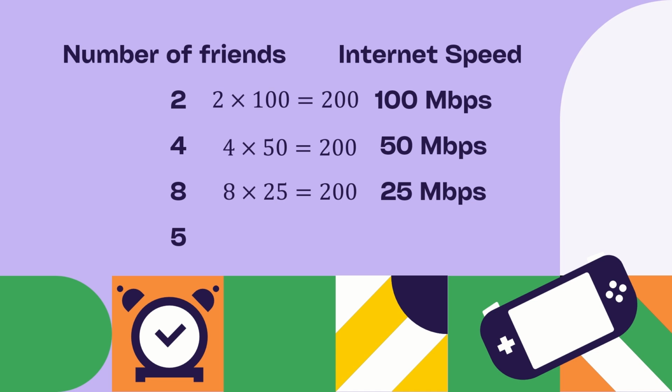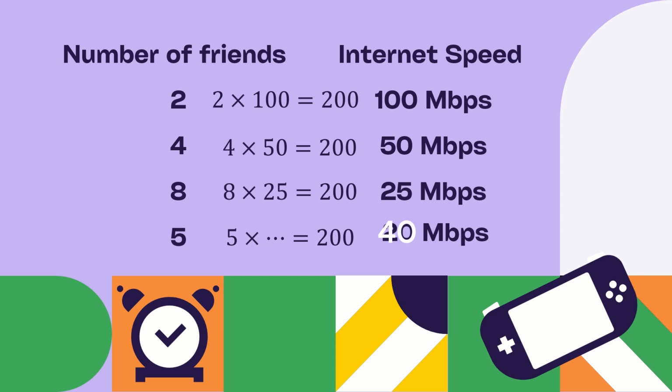So when things are related in this way, they will always multiply to give some constant number. So we know we've got 5 friends and we need to multiply it by something to get 200. Well, 5 times 40 is 200. So 5 friends would actually make 40 Mbps.